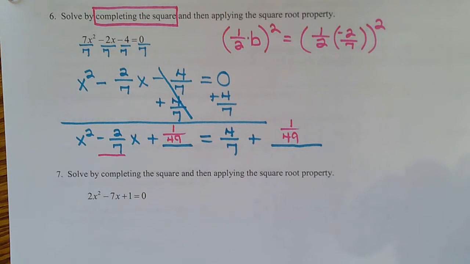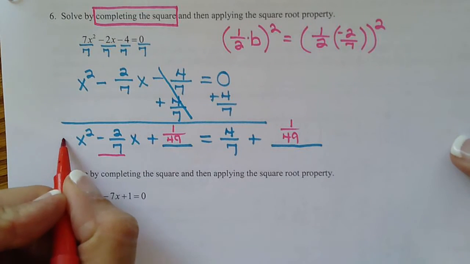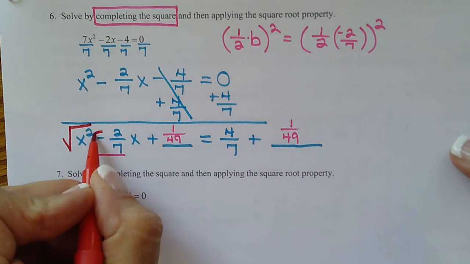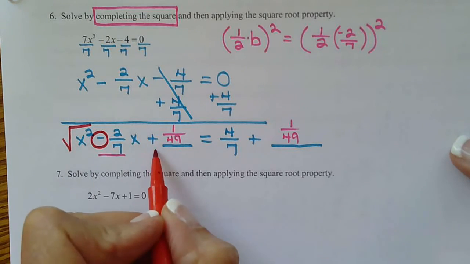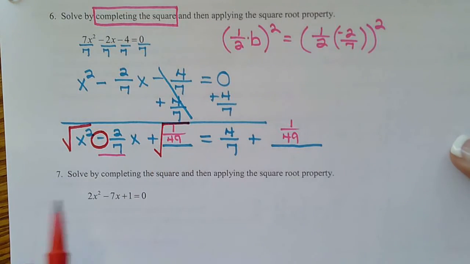So let's take another color, and we have to do the square root of this. We have to do this sign, and we have to do the square root of this.